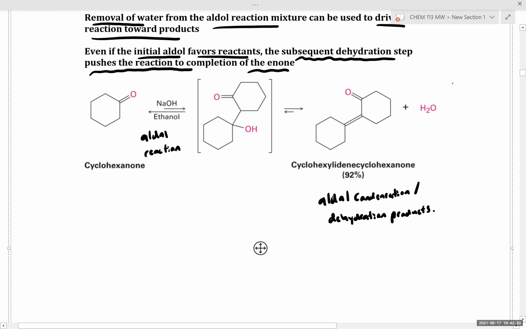So by removing water, we're able to shift this equilibrium all the way to the product side and generate a significant amount of our desired enone product. So does this idea make sense to everyone, that even though the aldol reaction is reversible, we can drive the equilibrium towards the products via dehydration and removal of water?